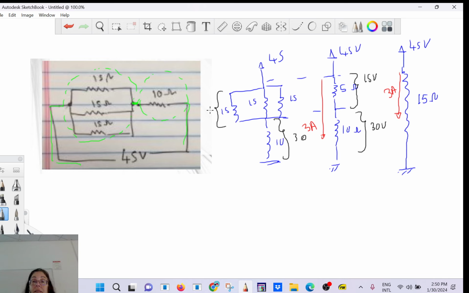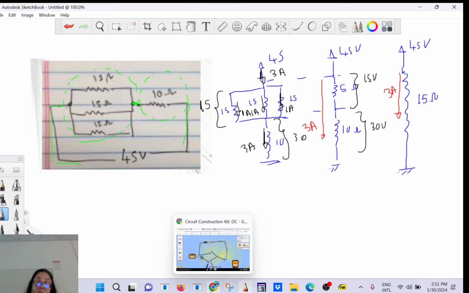That's going to be 15. And here you are drawing 3 amps. And here it's back to the 3 amps. Okay? So here it's easy. You have 15 divided by 15 is 1. Okay? You see how it works?